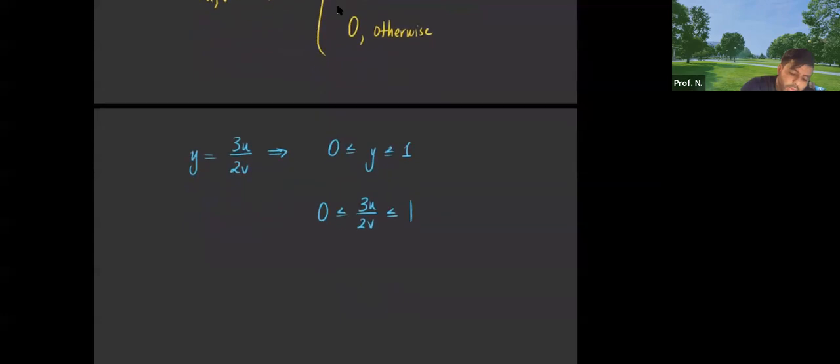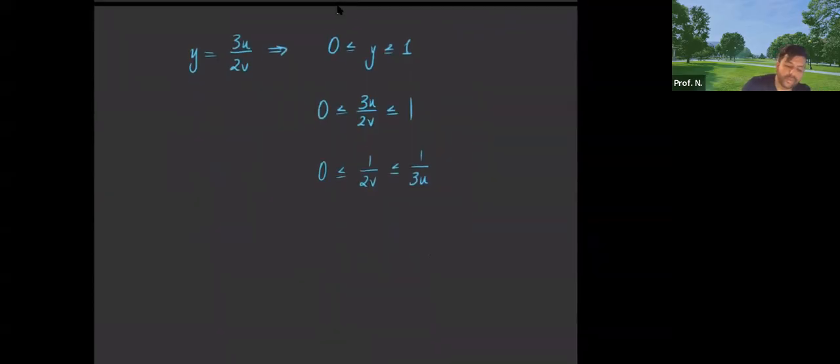And we're looking for v. So what can I do? I can multiply everything by 1 over 3u. And so when I do that, I get 0 is less than or equal to 1 over 2v, which is less than or equal to 1 over 3u. If I multiply everything by 2, I get 0 is less than or equal to 1 over v, which is less than or equal to 2 over 3u.